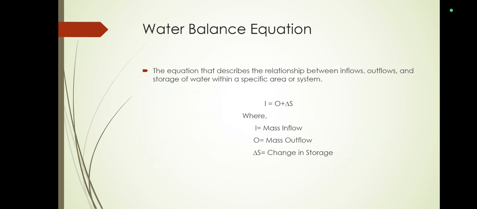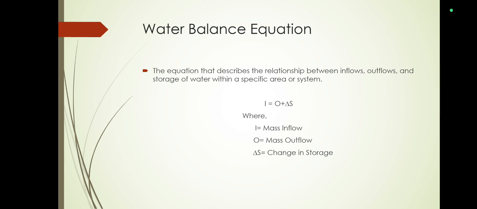Now, the water balance equation. It is also known as the water budget equation. Suppose for a given catchment area in an interval of delta t time, the continuity equation of water in its various phases is written as mass inflow minus mass outflow. Mass inflow minus mass outflow will be equal to the change in mass storage.